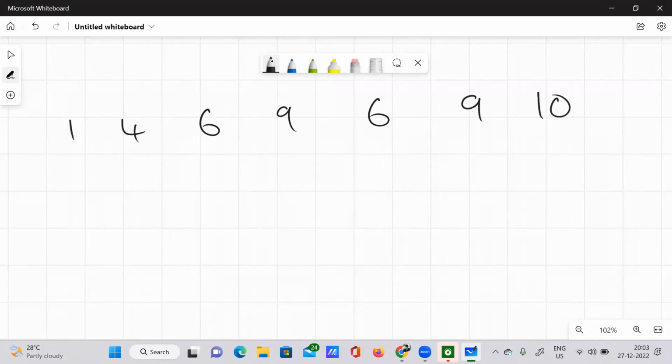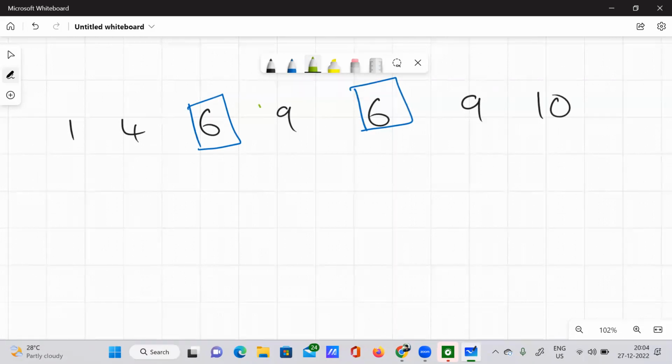If I ask you to find the mode of this data, you will usually focus on the number that has been repeated the most. When you observe here, 6 has been repeated 2 times, so you will usually conclude that 6 is the mode, but no, that's wrong.